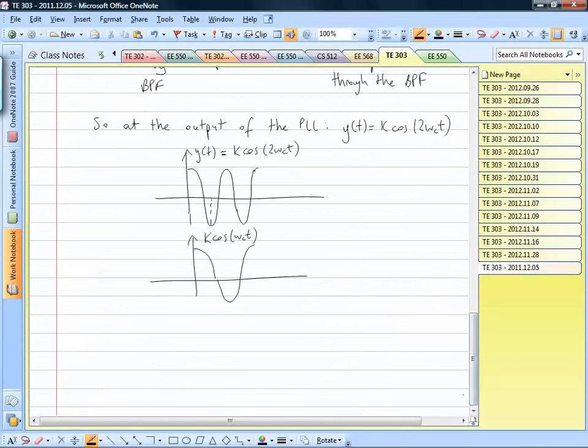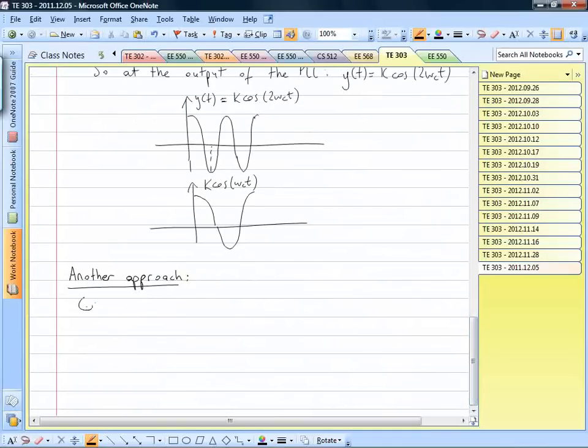Another approach is a circuit called the Costas loop. Okay, and this is a circuit for, again, coherent demodulation, so that it locks onto the incoming double sideband signal.